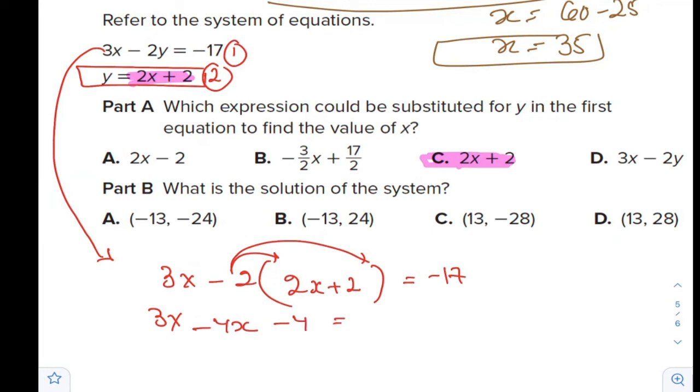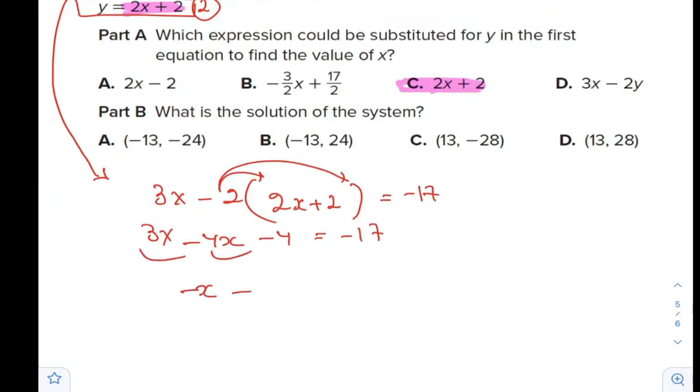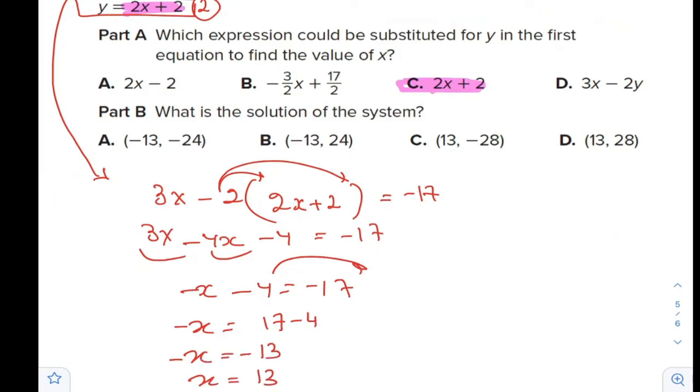So we will use equation 1, 3x minus 2y. I'll take the value of y and start solving. You can check along with me. And x is 13 only. Since x is 13, you can choose either C or D. So we need to replace to find y.